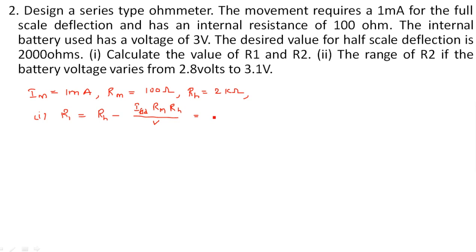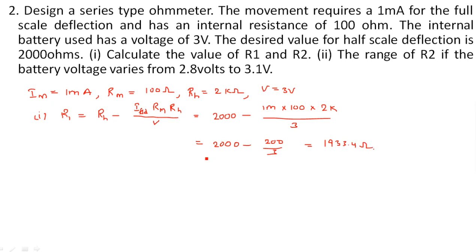See, RH is equal to 2 kilo ohms, 2000, minus, what is IFSD? 1 milli, into, what is RM? 100, into 2 kilo, by, what is V? V here also is 3 volts. So 2000 minus 200 by 3. If you simplify this, you will get 1933.4 ohms. This is the value of R1.